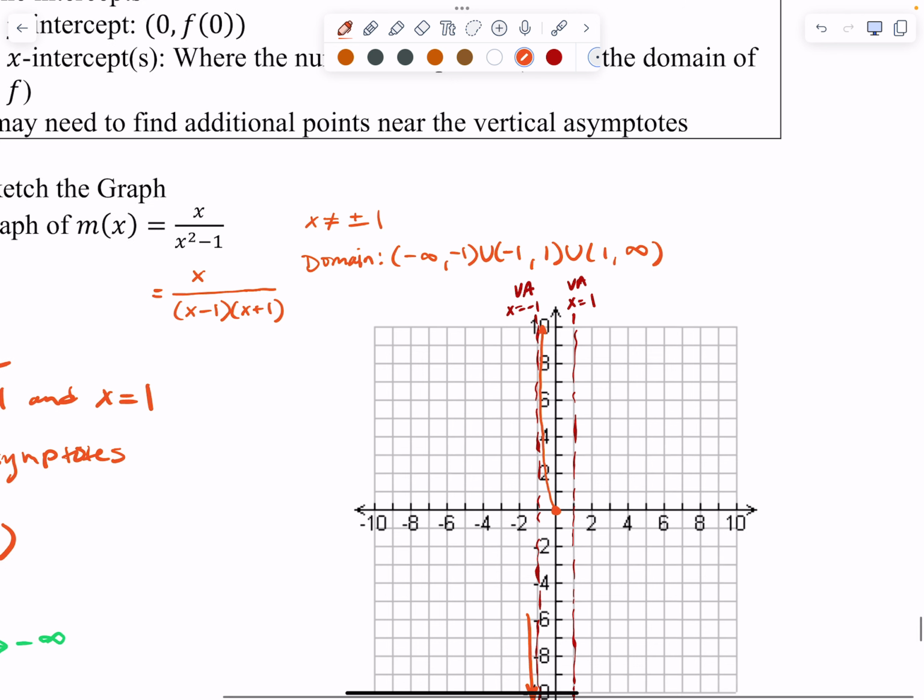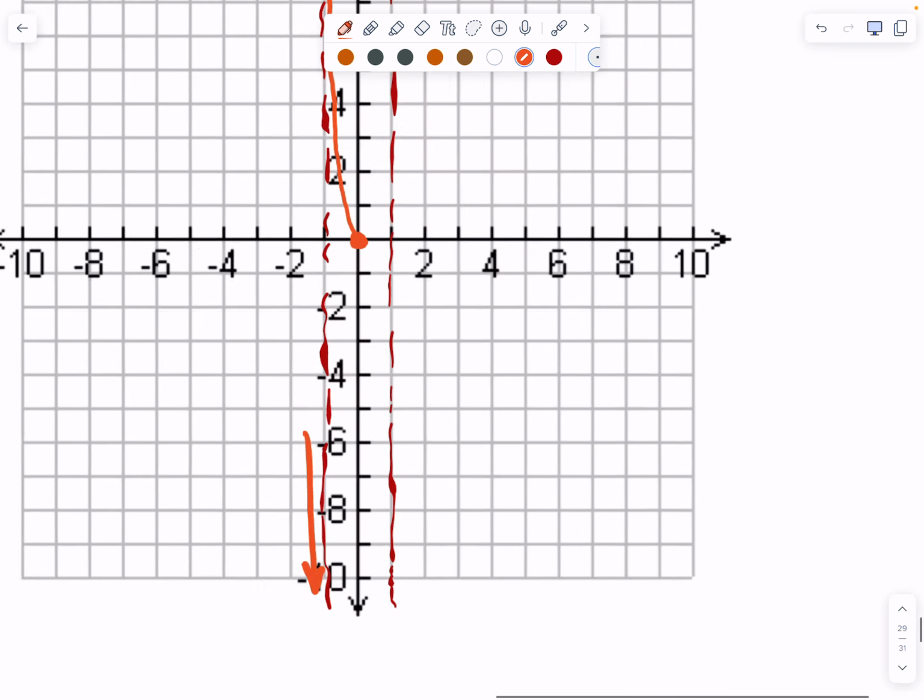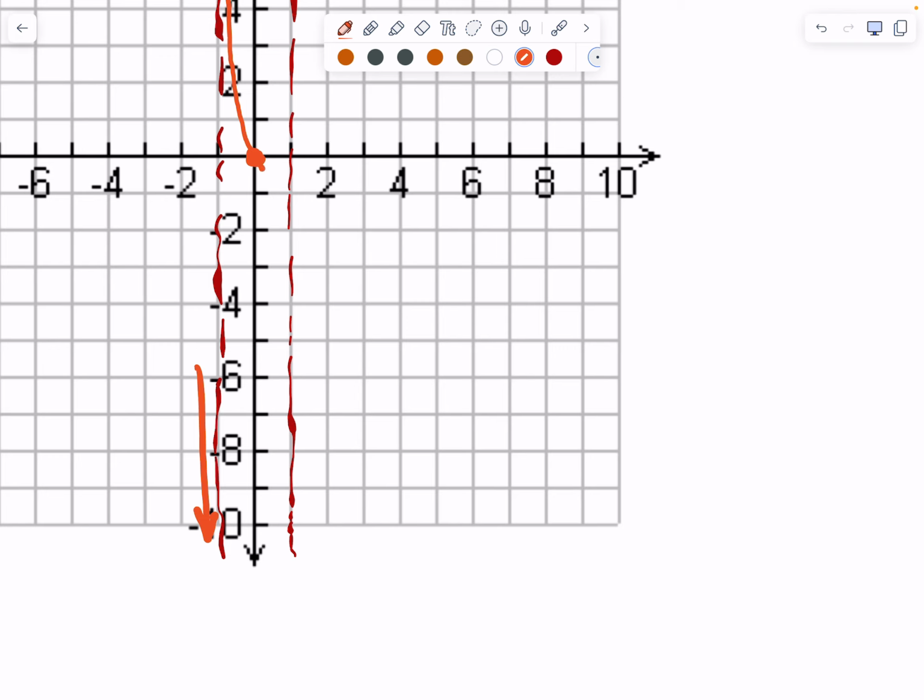Now, our x-intercept, our 0, hold the thought, has a multiplicity of 1, which means what? It's an odd multiplicity, but it means that the graph is going to cross at that x-intercept. I don't even need to do the analysis, and it's not going to cross the x-axis again, so I actually don't even need to test directly to the left of +1. You, of course, could, but you don't need to.